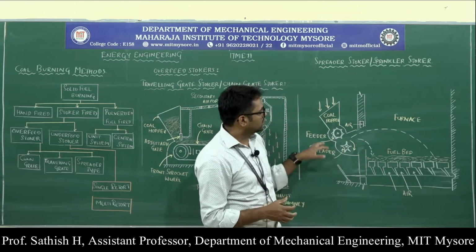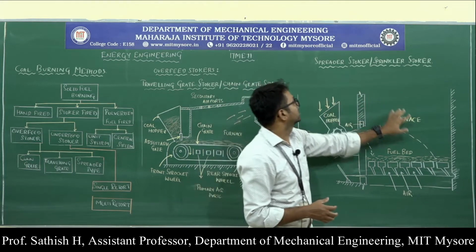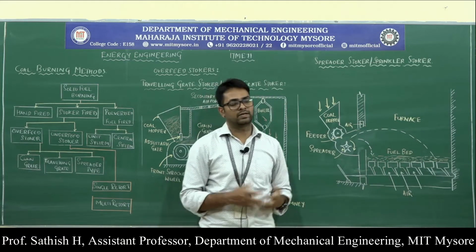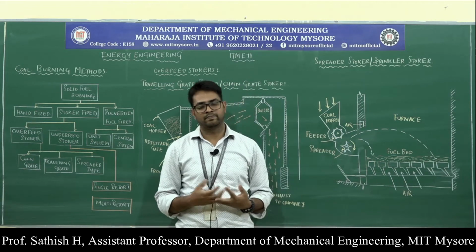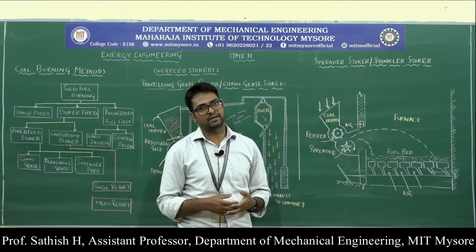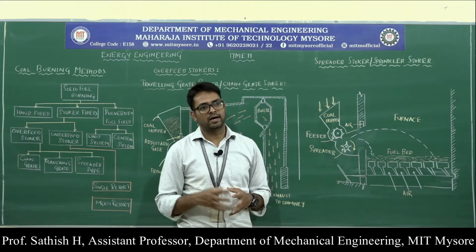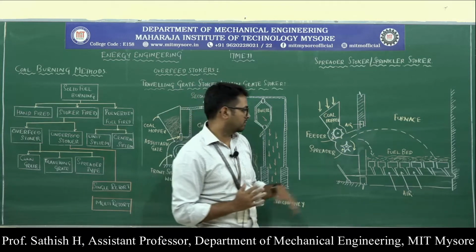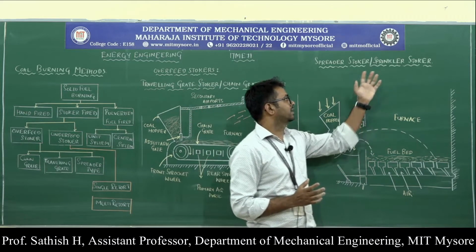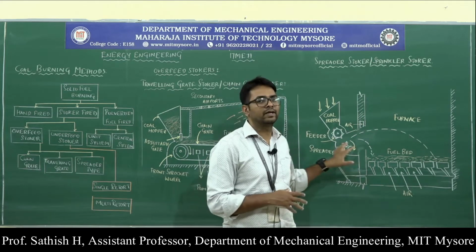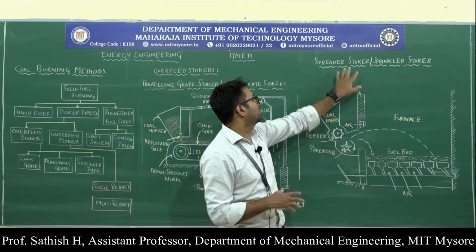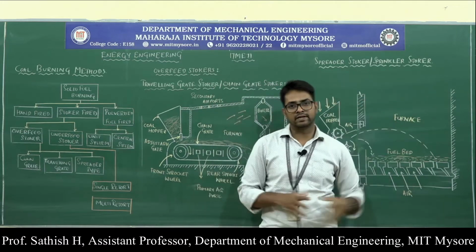This is how the spreader type of stoker works, because we have a component called a spreader, which helps to spread the coal or fuel uniformly over the fuel bed. That is why it is called a spreader stoker. So this is about the construction and working of a spreader stoker or sprinkler stoker.